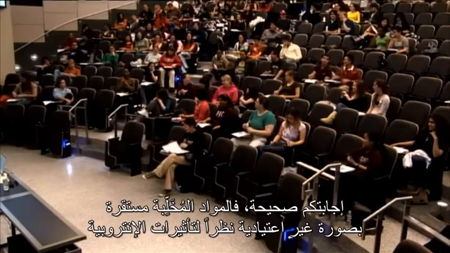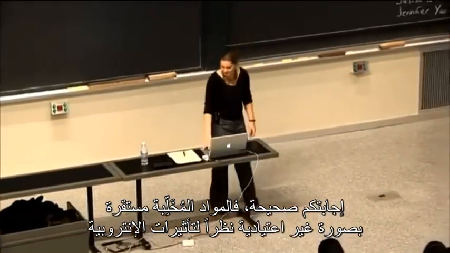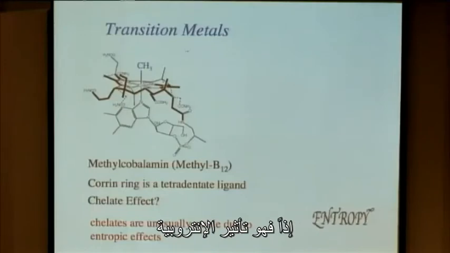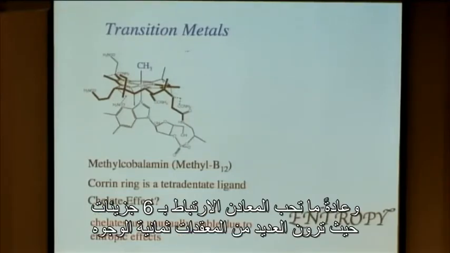Right, so chelates are unusually stable due to entropic effects. So it's an entropy effect. So if you have a metal that's free in solution, it's going to bind to a lot of water molecules. And often metals like to bind to 6 things. You see a lot of octahedral complexes.